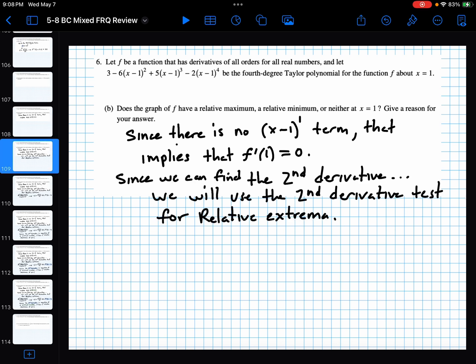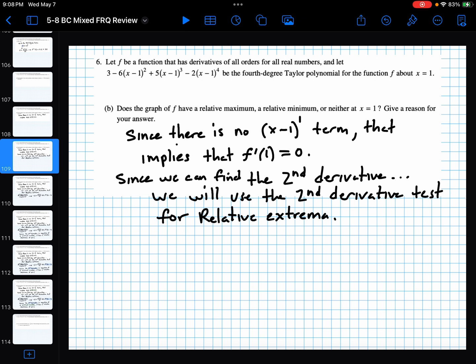All right? Now, if I go to the second degree term, I can figure out what f double prime at 1 is equal to. Now, that's the way the second derivative test works. You find your critical numbers and then you substitute them into the second derivative. Now, I know that x equals 1 is a critical number because f prime of 1 had to be 0.